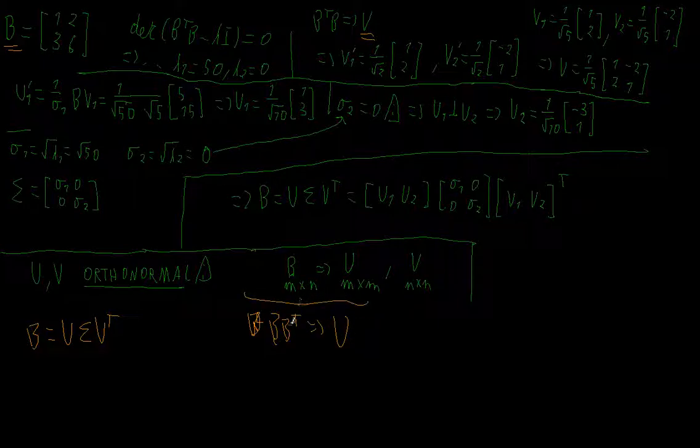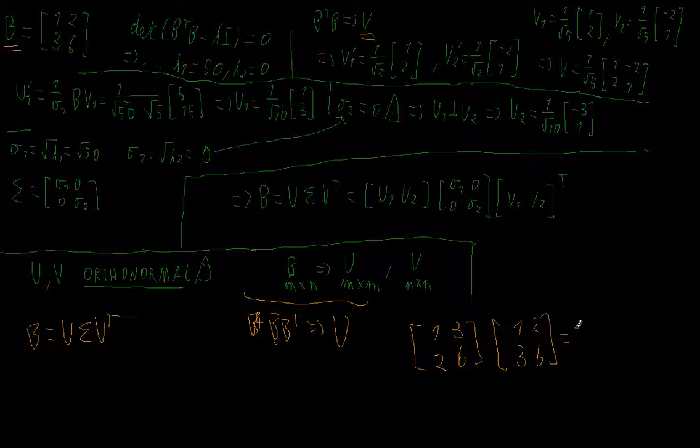So we calculate our B transpose B, and let's do it. We get 1, 6, 2, 3. That's B transpose times 1, 3, 2, 6.